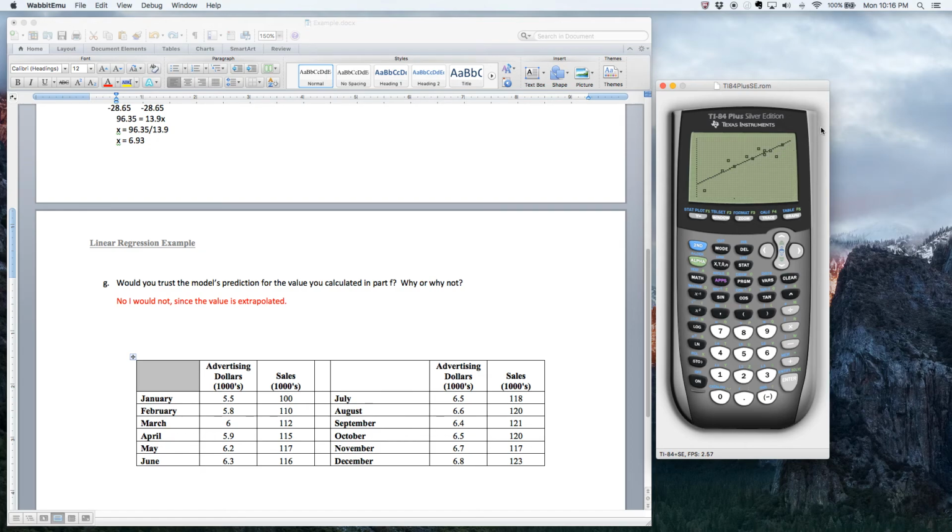What we're doing is predicting off the screen. We don't know what happens over here, and we don't know what happens before the line begins and after. What if this data tails off and gets really flat? Or what if it starts to grow a lot faster? We would never know that. So that's why we're only safe predicting in this range here. Outside of that range, we call that extrapolated. And that's why we don't trust Part G's model.